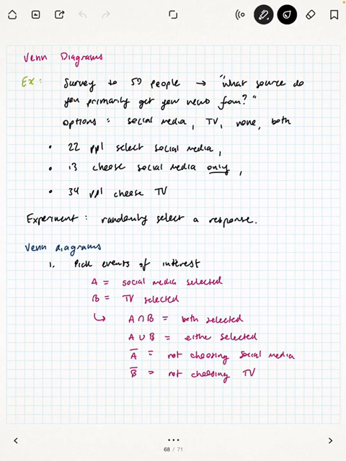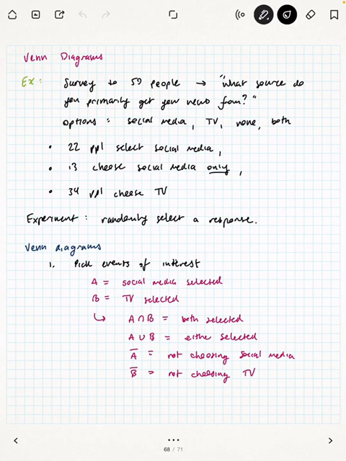This has secondary sets that we can build from it. The intersection of A and B is the event in which they select both social media and TV. A union B is the option in which either one is selected, so TV or social media, or possibly both, right? So mathematical "or" is not exclusive.